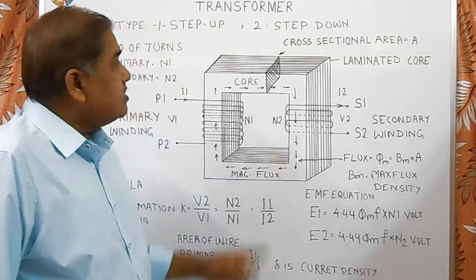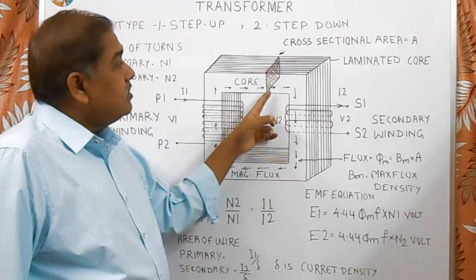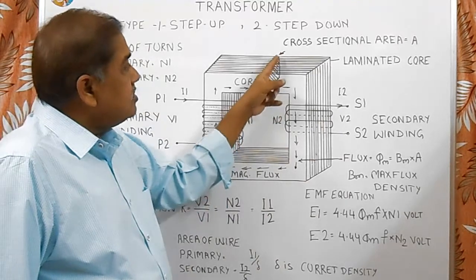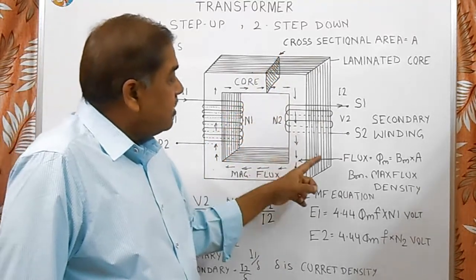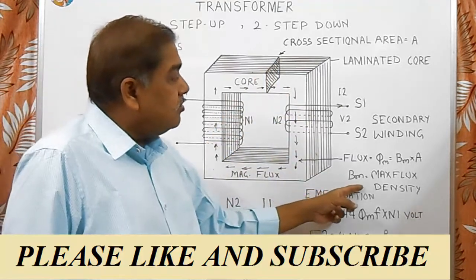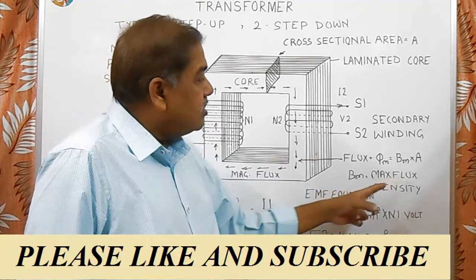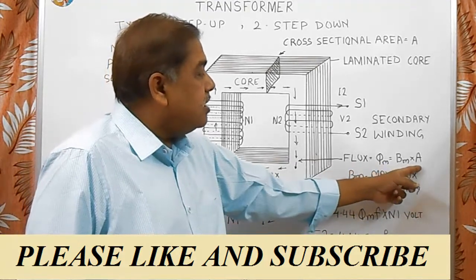So, in this case, as it is the core of transformer, the cross-section area of the core is represented by A. The main flux in the transformer core is phi max, equal to Bmax into area of the core.